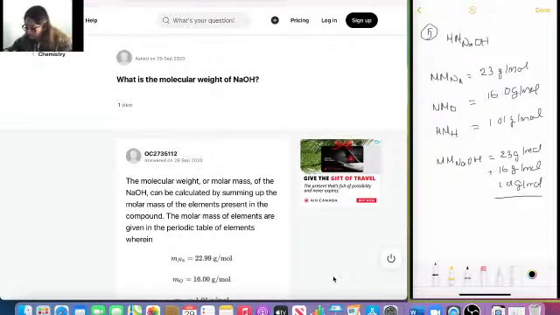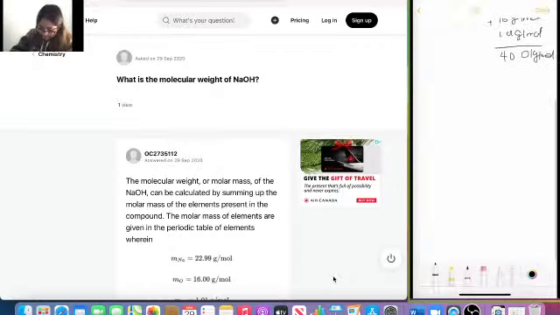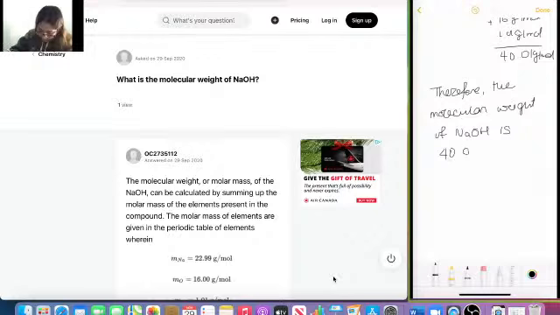If you add this all up, 23 plus 16, plus 1.01, you basically get 40.01 grams per mole. So you can say, therefore, the molecular weight of sodium hydroxide is 40.01 grams per mole.